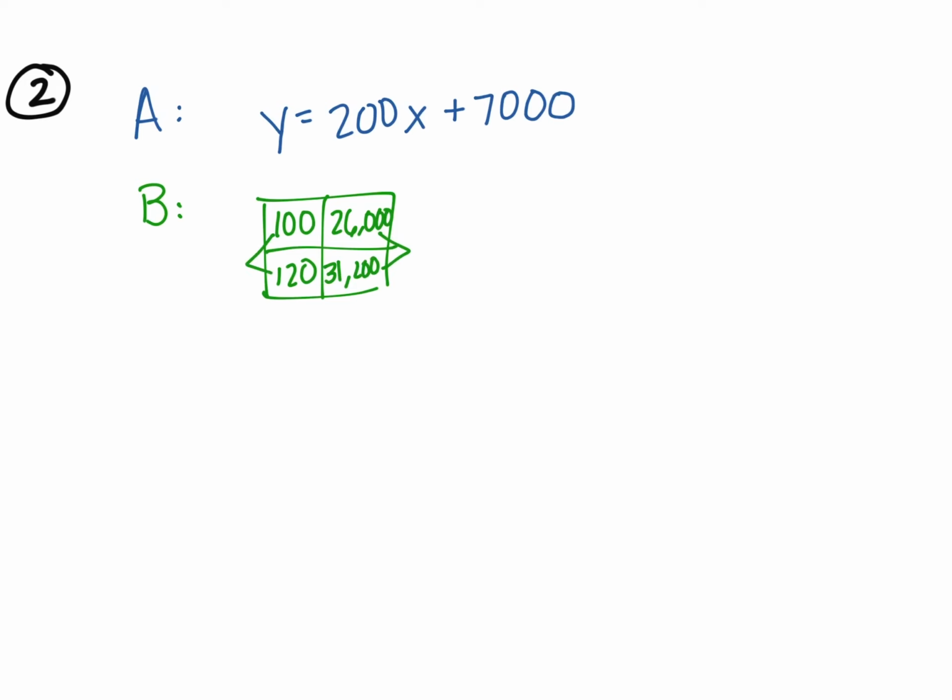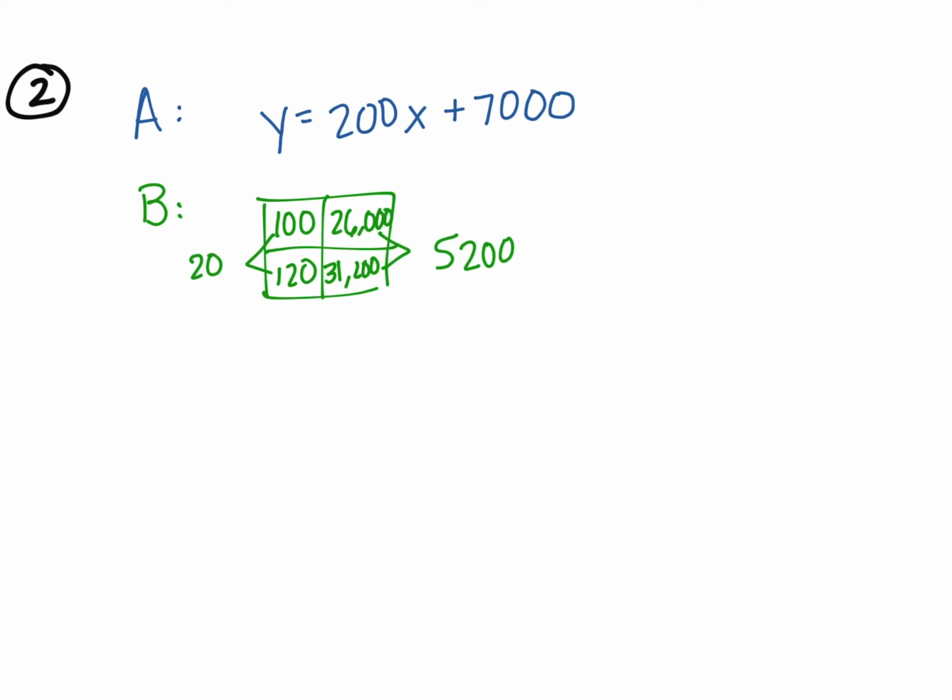So to calculate that rate that they charge per foot, we need to figure out how much it changed in the outputs versus how much it changed in the inputs. And so over here, if you were to subtract 31,200 and 26,000, you have $5,200 difference for a 20-foot difference.